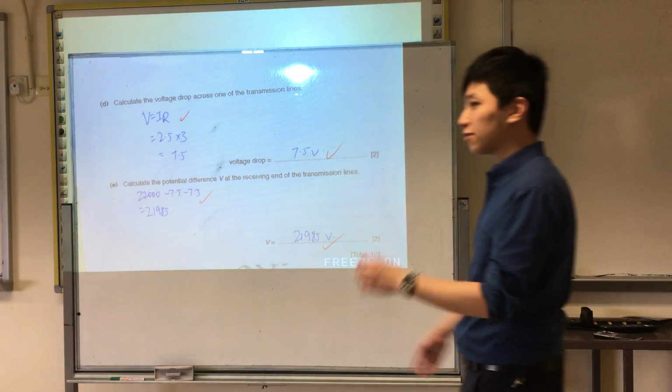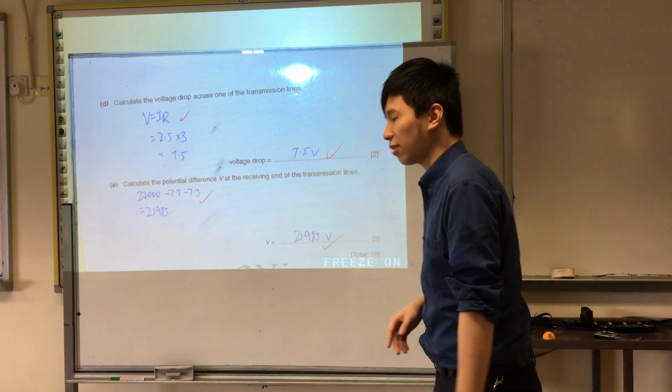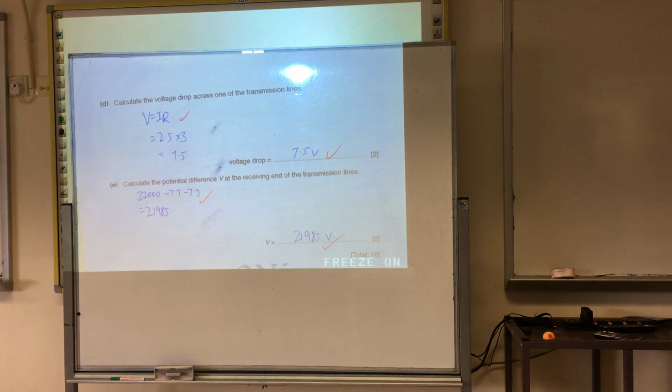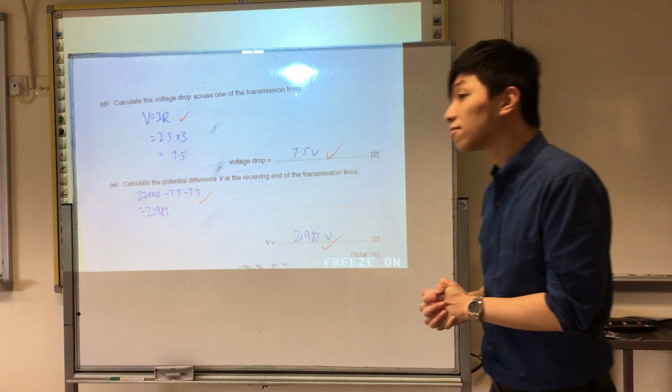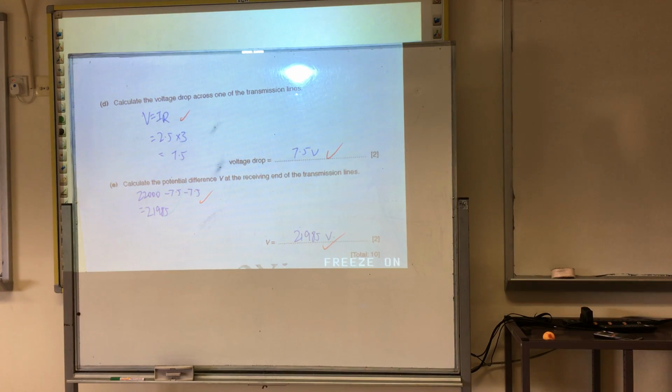Because you have got 2 cables, each of them drops 7.5. So you minus twice, because it's both cables. Any questions?